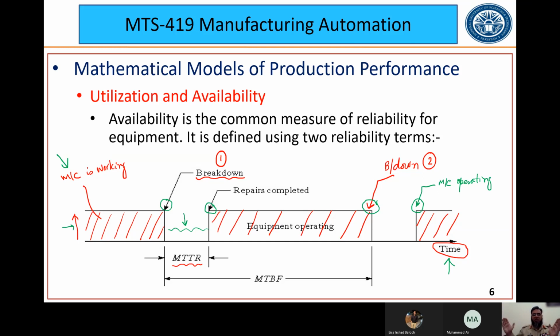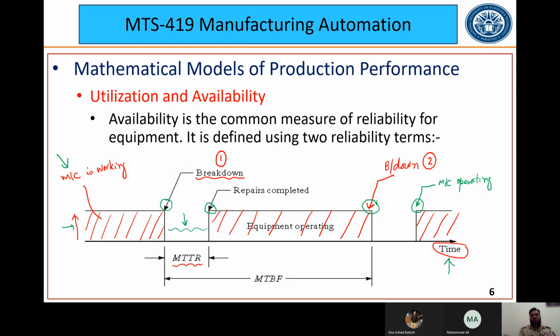And you make a data of your machine over a period of time, and then you take the mean of that data, and then you plot this mean time to repair and mean time between failure.